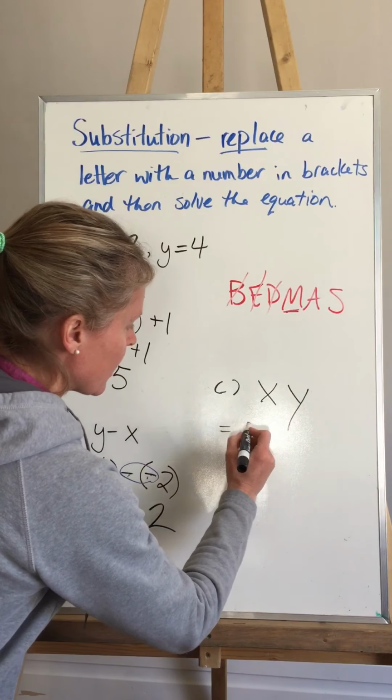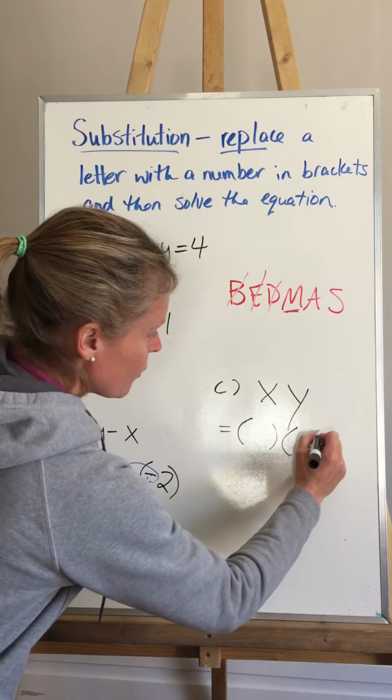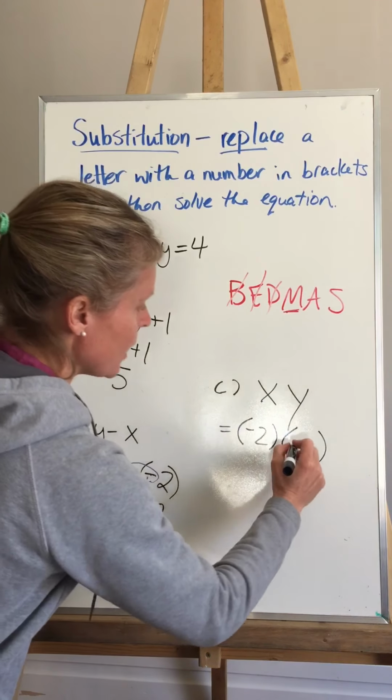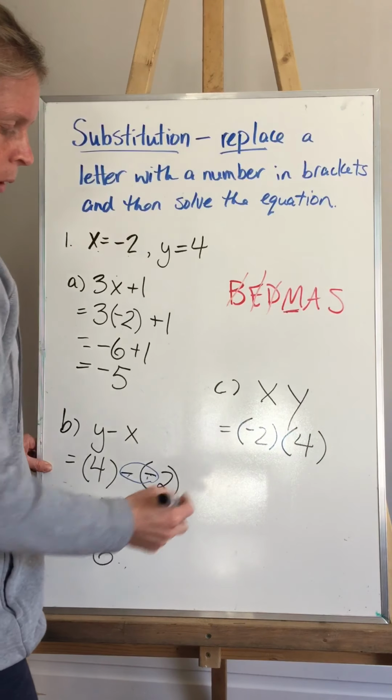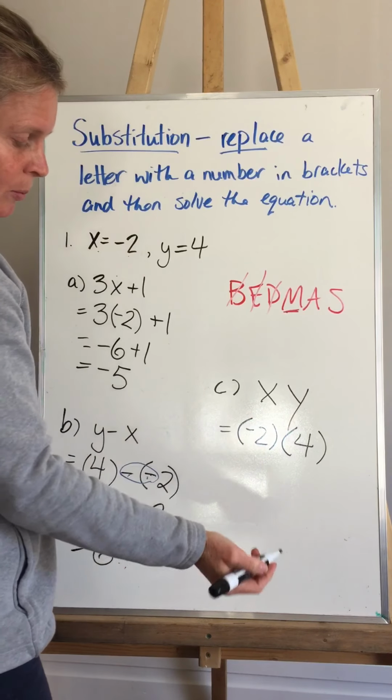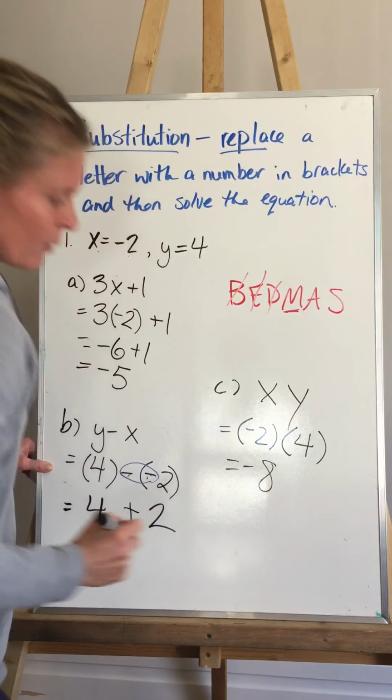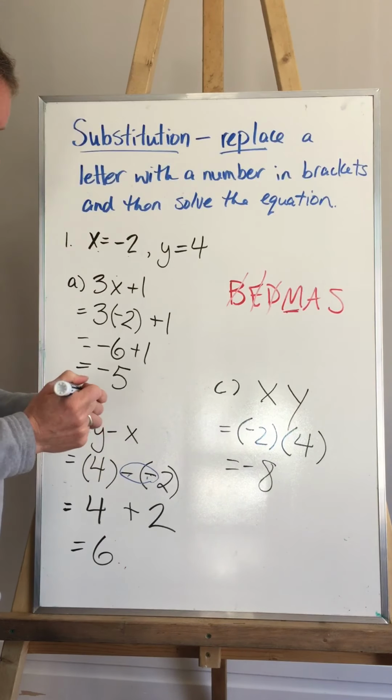So I'm going to set up my brackets, brackets for the x, brackets for the y, and for x it's -2, y it's 4. Okay, so this is just telling me that I need to multiply. So -2 times 4, that's -8. Okay, so that's the answer.